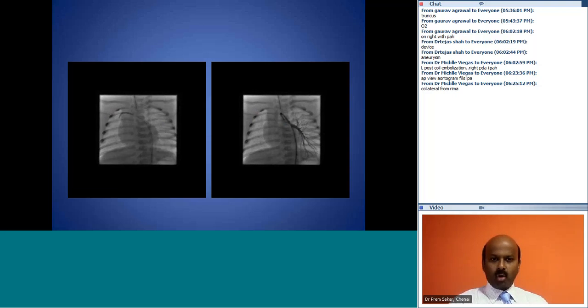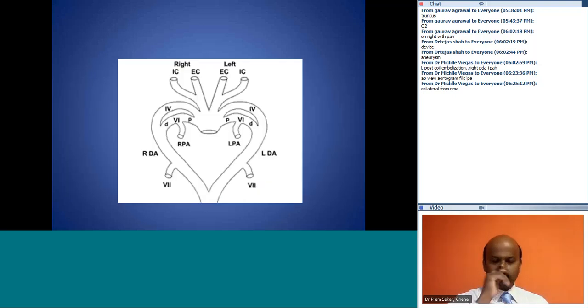So what you see here is bilateral patent ductus arteriosus, and the embryological explanation for that is that the pulmonary arteries normally arise from the sixth aortic arch.